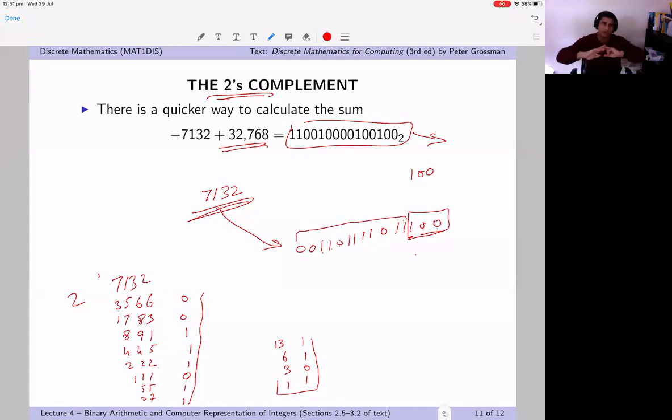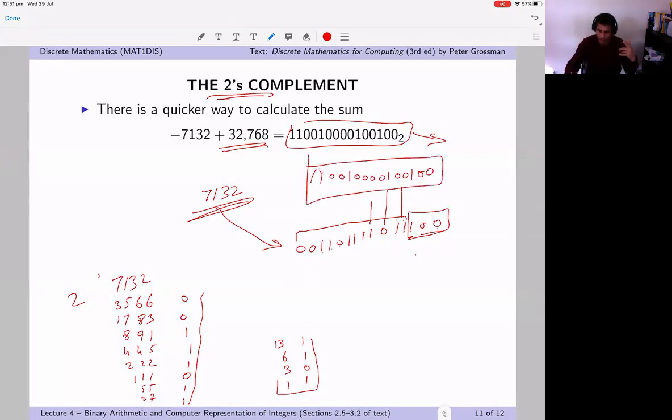All the remaining bits, flip them or take their complement. So 1 becomes 0, the next one becomes 0, this 0 becomes 1, this 1 becomes 0, 0, 0, 0, 1, 0, 0, 1, 1. Simply switch them. Now you see, this is exactly the same as this number.